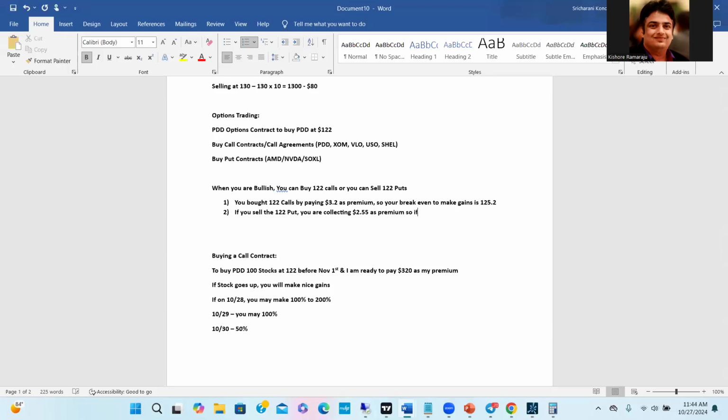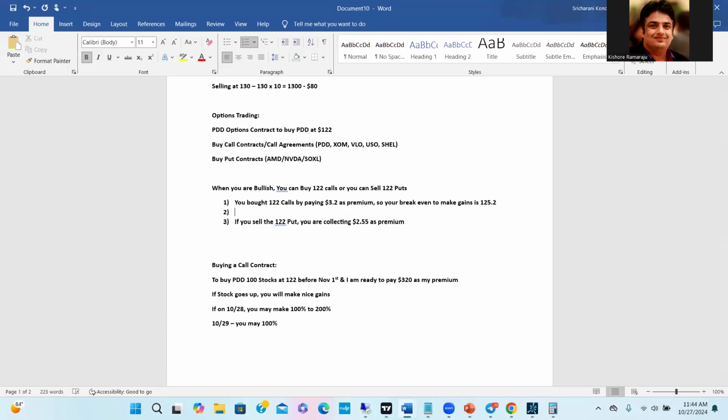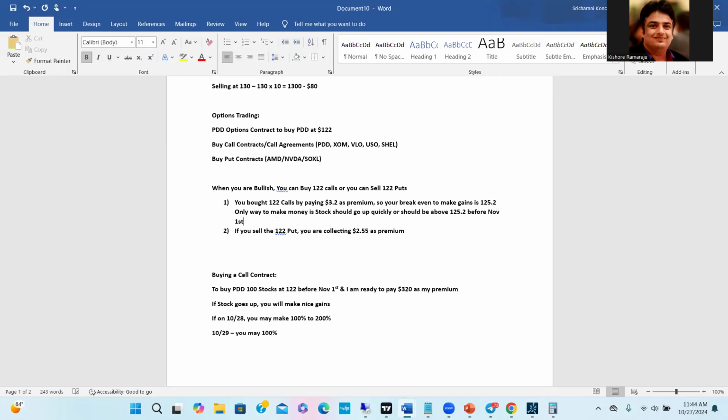So to make money here, the only way is the stock should go up quickly, or should be above 125.2 before November 1st, right?